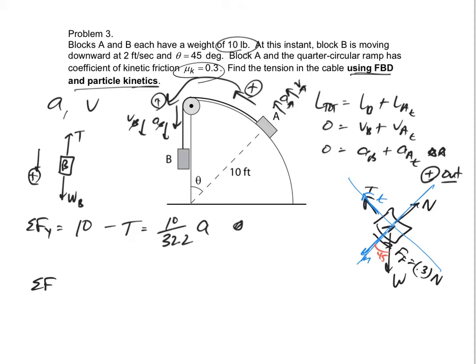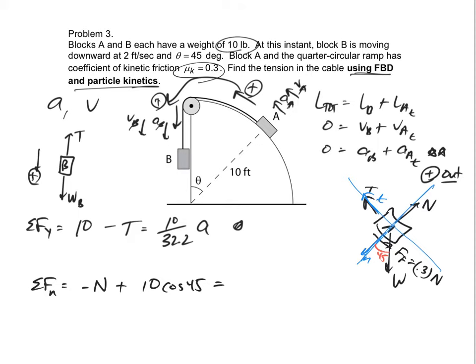So summing the forces in the tangential direction, summing the forces in the normal direction. Let me start with the normal direction. Summing the forces in the normal direction, I would have negative N, away from the normal direction, and then plus the weight, which is 10 cosine 45, and that is equal to, now, is it accelerating in this direction? Let's be careful. Yes, it is accelerating because it's the normal direction.